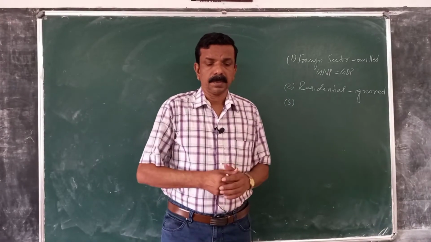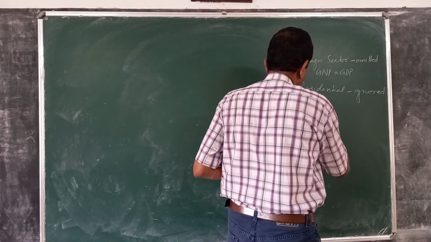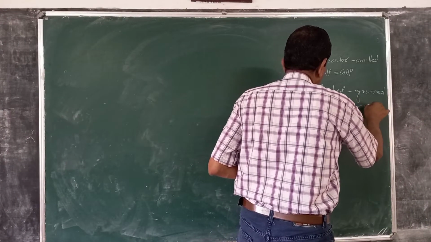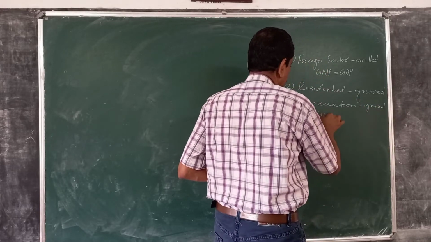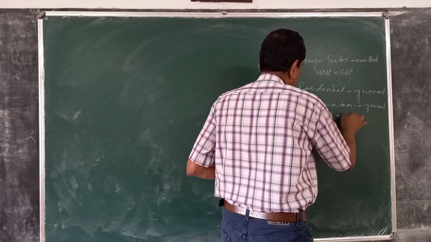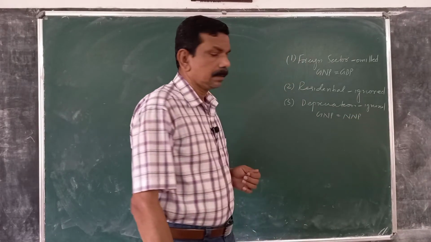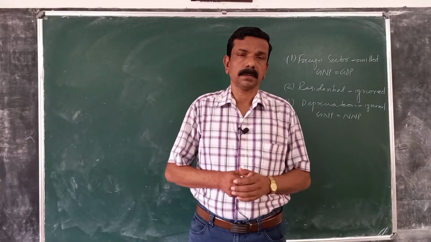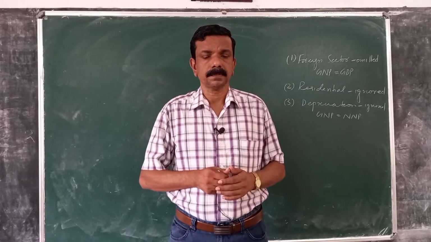A third simplification is that we ignore depreciation. In that case, GNP is also equal to NNP, because depreciation is ignored.